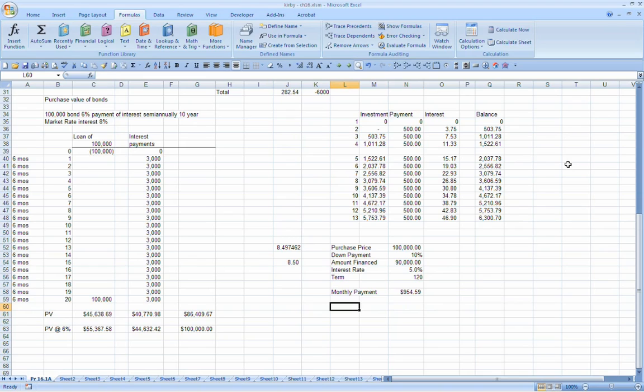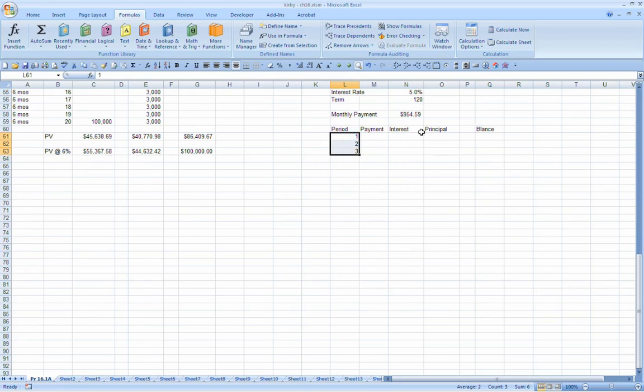Let's have some fun. So, period, payment, interest, principal, balance. Okay, so we have period 1, 2, 3, and so on.